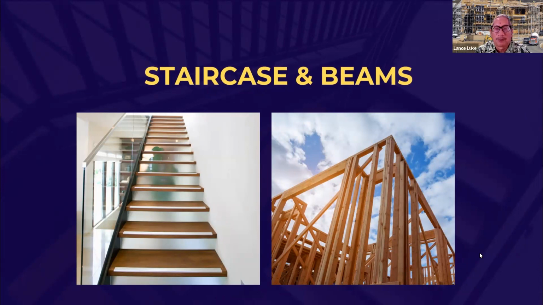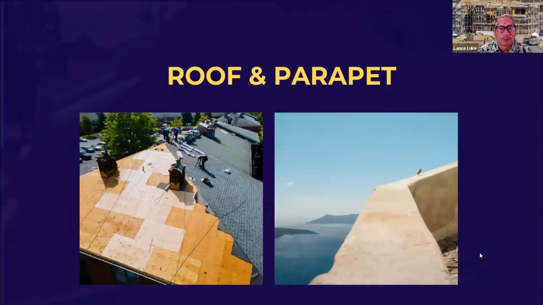If you look at the image on the right, the horizontal members on the top are beams, and your vertical members are wood studs to support the top beams, and then also the sill and the headers. So this is just a 101 lesson. I'm going real fast talking about these components.